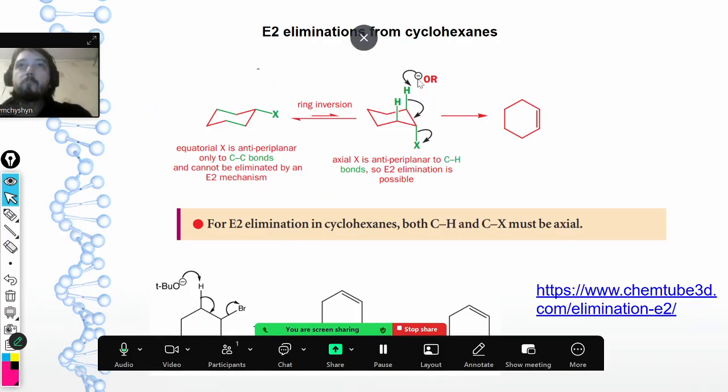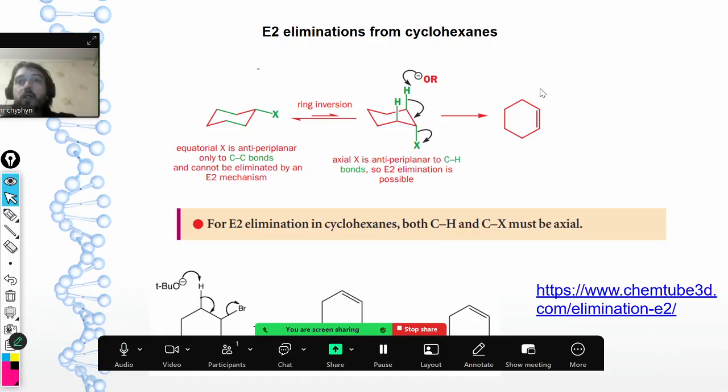Good. One more example: elimination from the cyclohexanes. So here is the ring inversion. So you know there are two conformations for the cyclohexanes, and once again a hydrogen atom must be on one line with the leaving group, and only in this configuration we can attack that with the base and form our product.